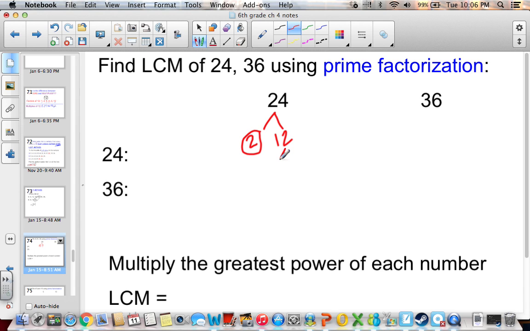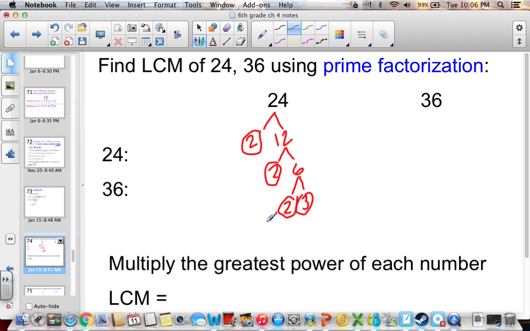And then I'm going to take 2 and 6, because remember these numbers multiplied together have to equal the number on top of the triangle. So 2 times 12 is 24. 2 times 6 is 12. And then we have 2 and 3. They're both prime. So then we stop there.